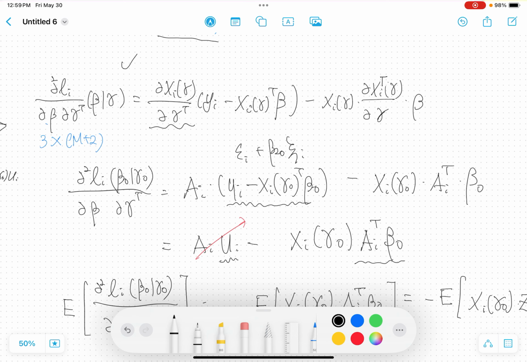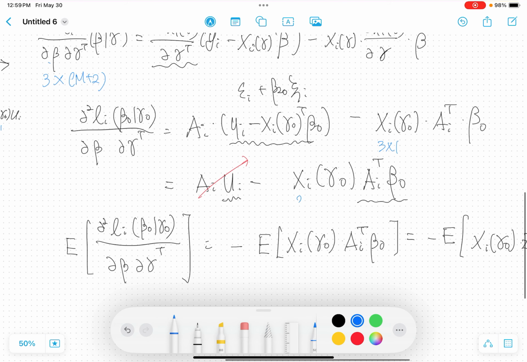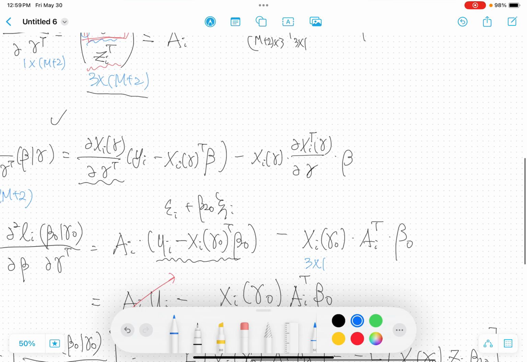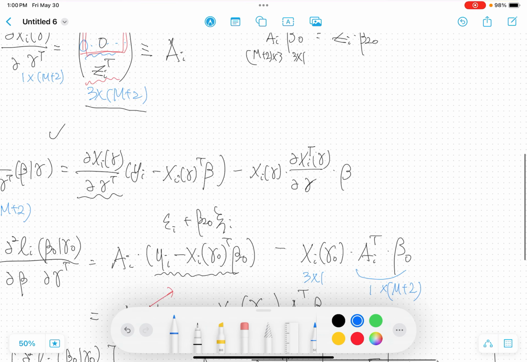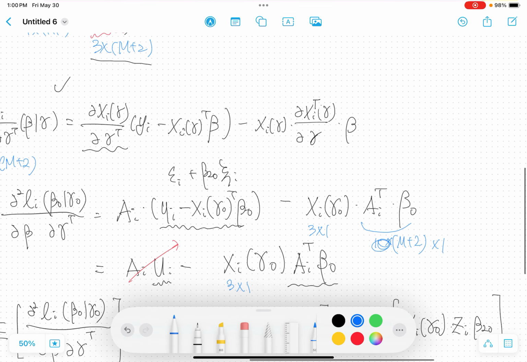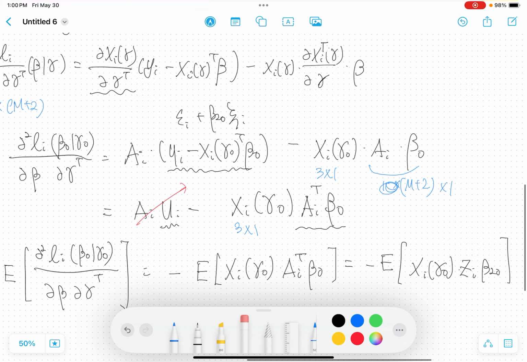Let me see, because this xi is 3 by 1, and this is 1 by m plus 2, so the dimensions do not match. I think I made a mistake here.